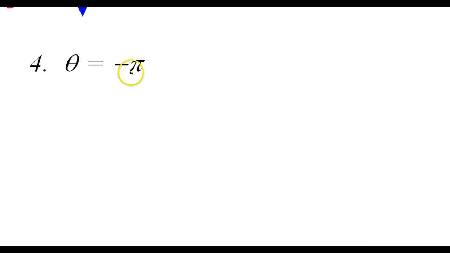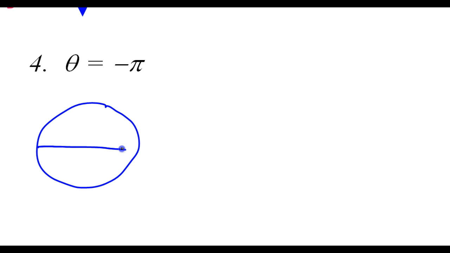Alright, let's do that one more time for negative pi. So again, here's my unit circle. The top half of the unit circle is pi. And of course, if I want to go negative pi, that just means I will go around clockwise.